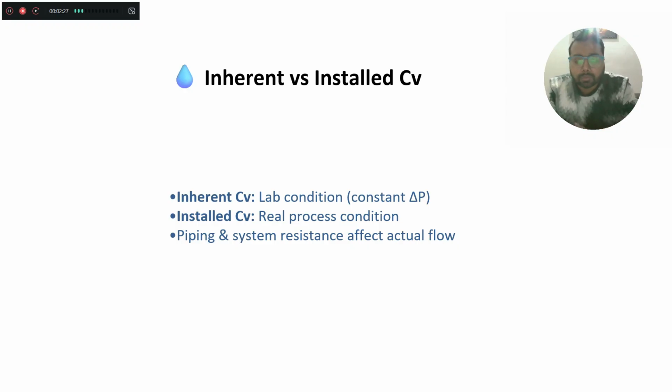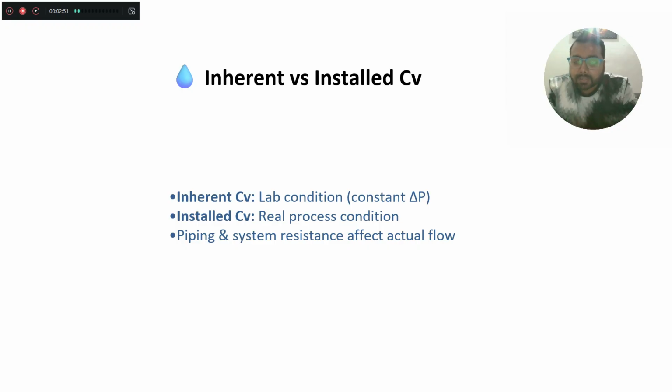It will give the CV of the designed control valve. But we do not consider the bends, the extensions and the pipe size reductions. These extensions, reductions, ups and downs of the pipe, and bends of the pipe create resistance, which deviates the CV from what we calculated in the design stage.